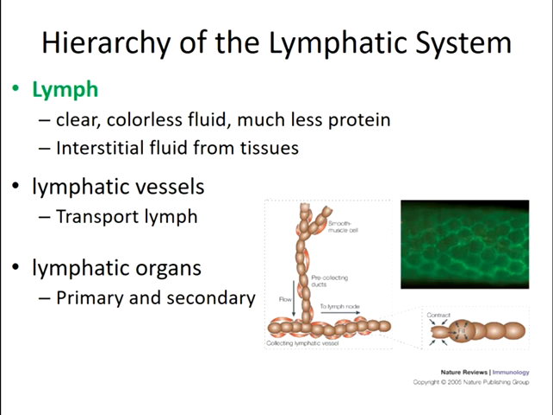Lymphatic vessels are the vessels that are going to transport lymph. And lymphatic vessels, and you'll see this in just a moment, have a very similar structure to that of veins in that they have valves that help to ensure one-way flow.